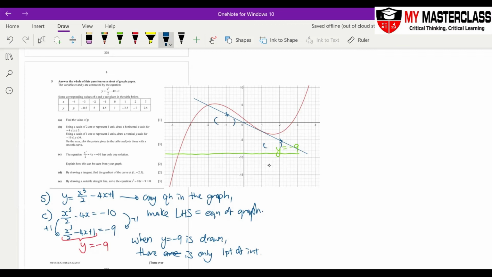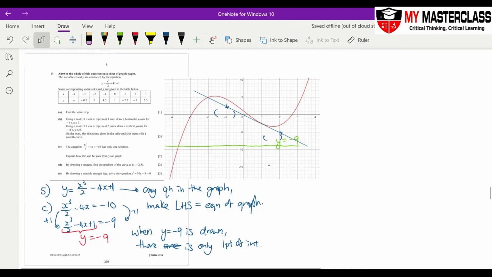Then, Jerica, what is the formula for gradient? Take y2 minus y1 over x2 minus x1. Understand? In your school, did they ask you to draw the triangle like that? If your teacher asks you to draw a triangle, you draw a triangle.